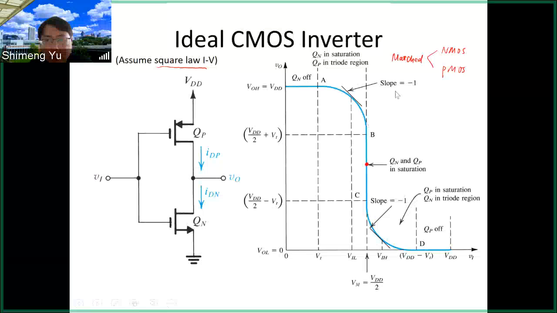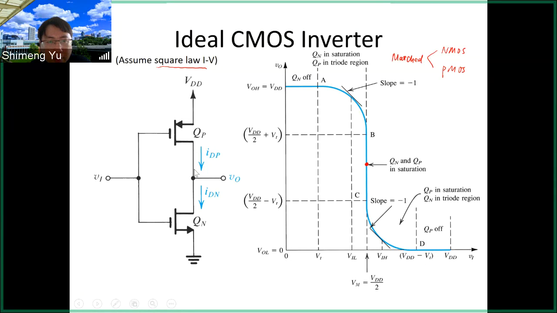So this is the ideal CMOS inverter with this matched condition, and we will go back to this point later. But from this VTC, we can discuss the operation regimes as we change the input voltage from 0 to VDD.